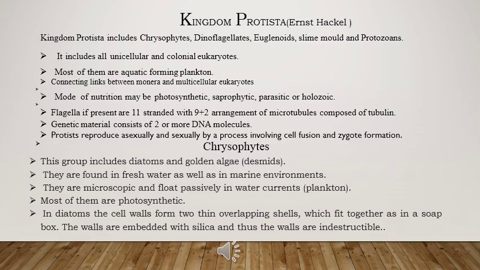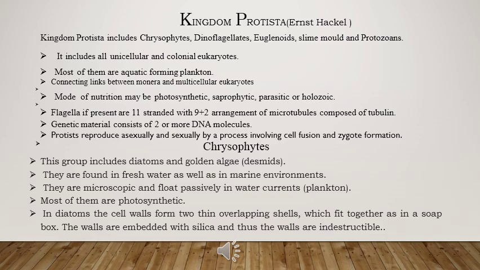These are the small units for the flagella and cilia. These units are made up of tubulin. As Protista is eukaryote, it has a membrane bound nucleus that consists of 2 or more DNA molecules as genetic material.